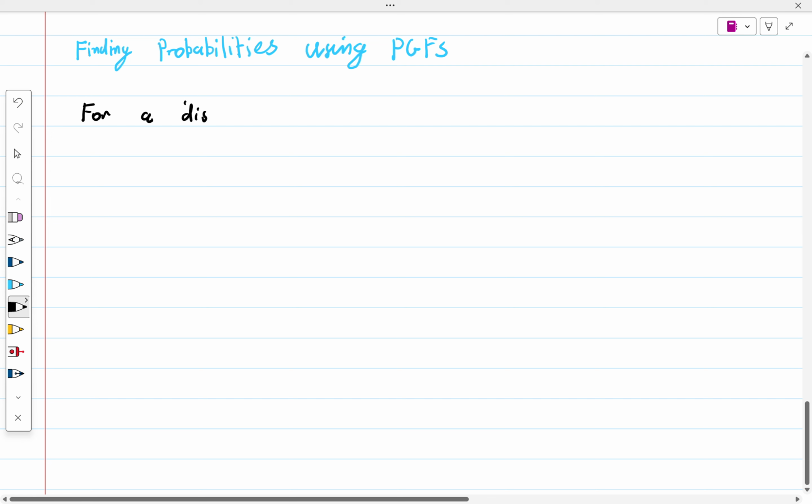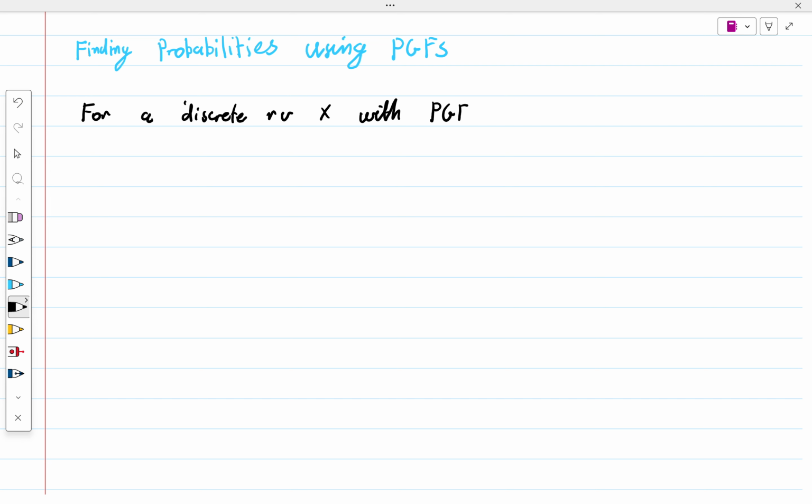For a discrete random variable x with PGF, or probability generating function, capital Px of z, the probability Px(n), this is a lowercase p, which we're going to define as the probability x is equal to n, can be evaluated by taking 1 on n factorial times the nth derivative.